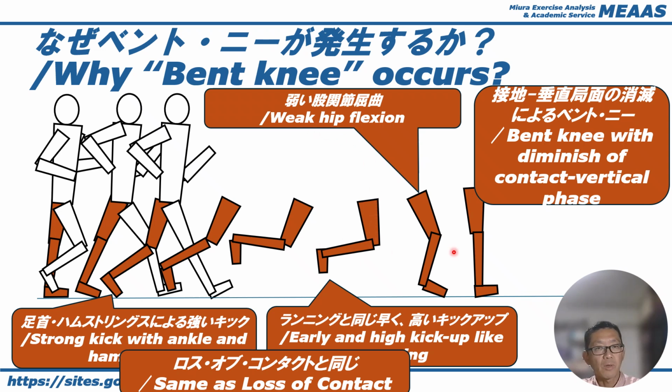They don't swing largely in the forward swing, and they contact just below the body, so it is sometimes judged as bending because they diminish the contact and vertical phase.